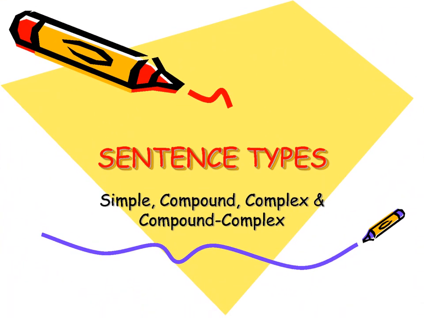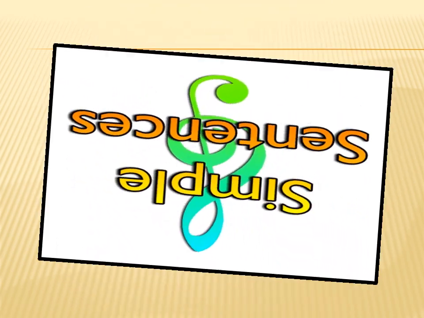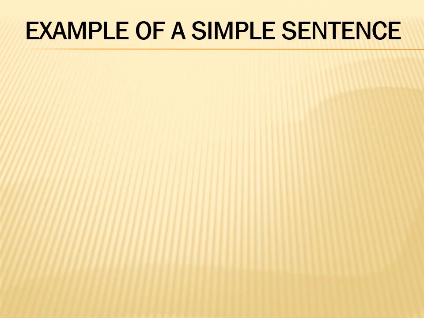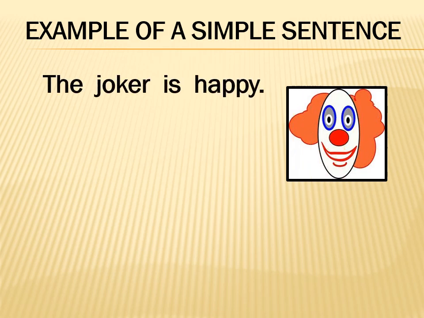Now we have different types of sentences. Let's deal with the first type of sentence called simple sentences. The example is the joker is happy. The joker is the subject because we are talking about the joker. Is happy is predicate.